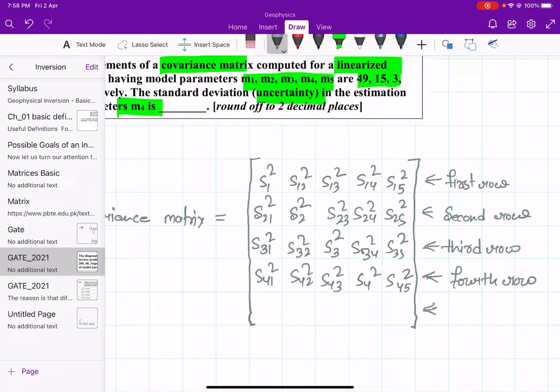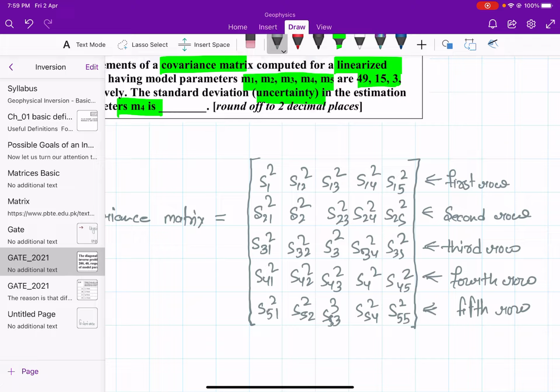This is the last, that is the fifth row, and the elements will be s51 square, s52 square, s53 square, s54 square and s55 square. So these are the elements.